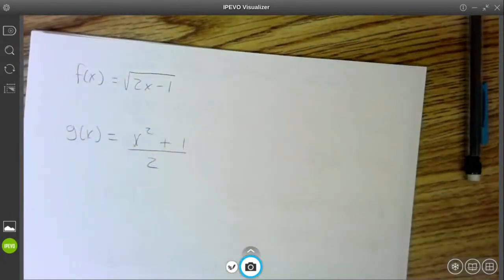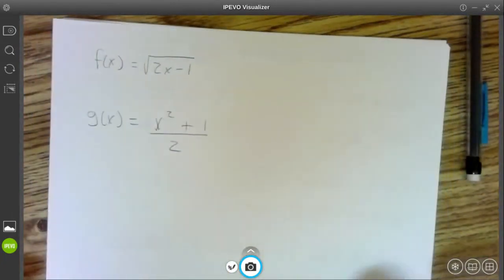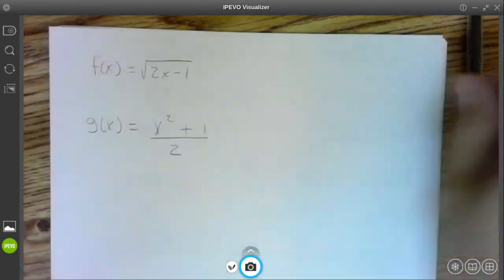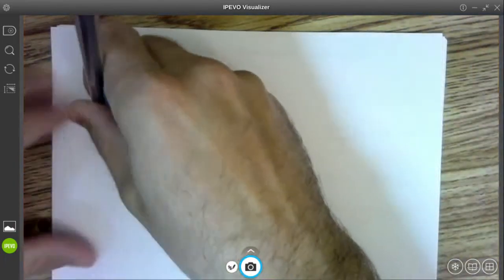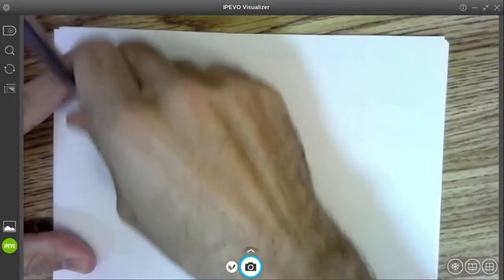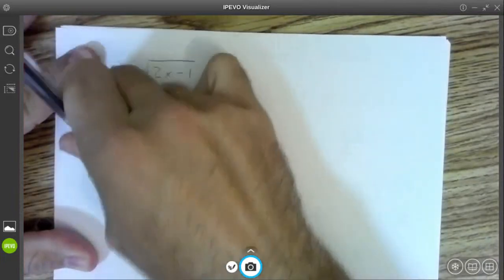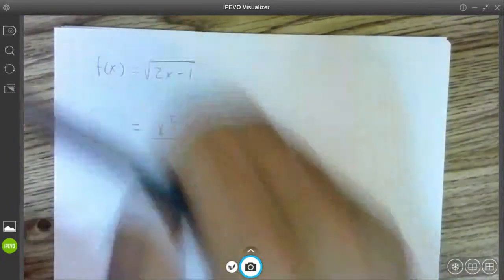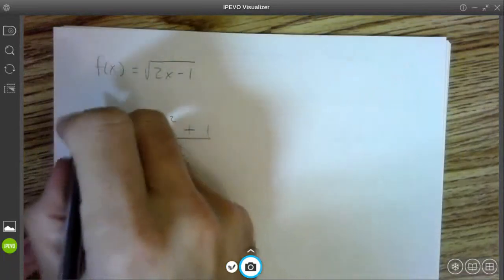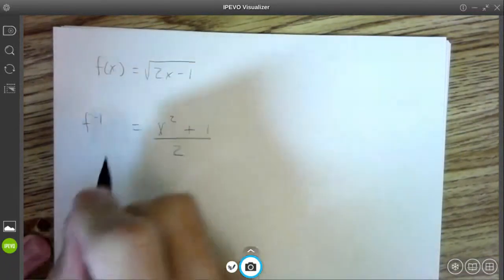Do one more here. Let me just erase this g of x here. These are inverses of each other. We'll go through on the next video and show how to actually find that. But let me call this f inverse.